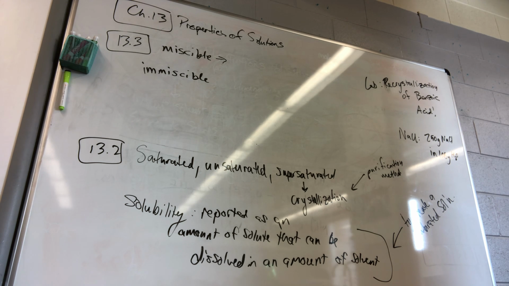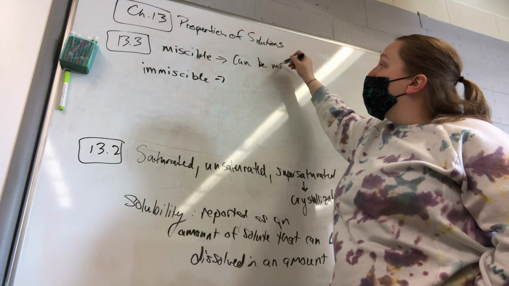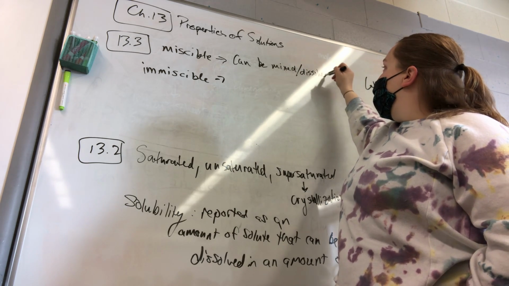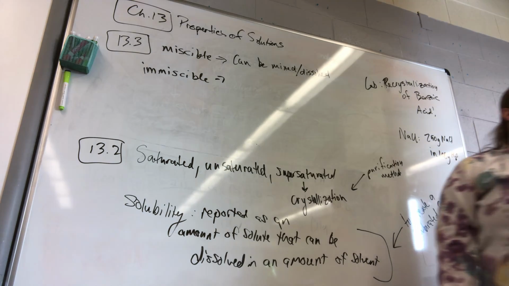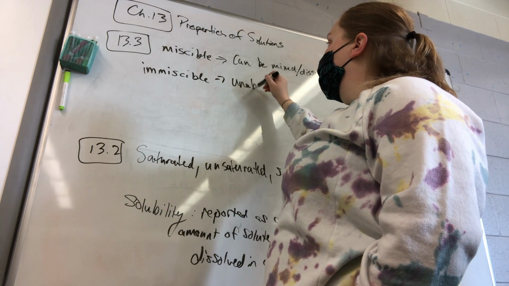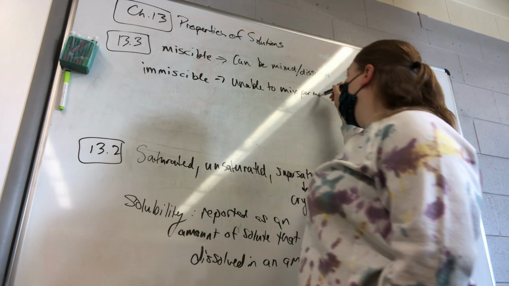Dissolvable. Good idea. These two can be mixed, dissolved, whatever you want to say. Okay, what does immiscible mean then? Unable to be mixed. Unable to mix permanently or adequately.